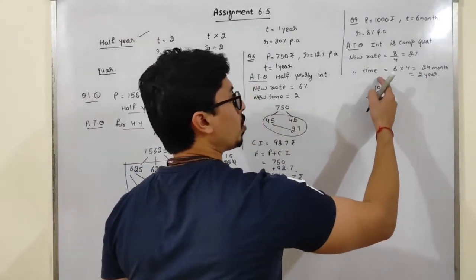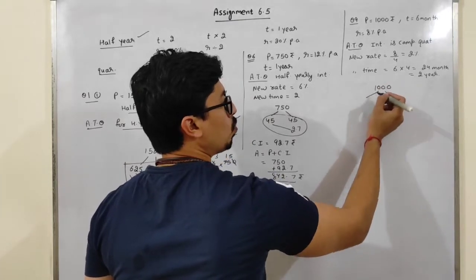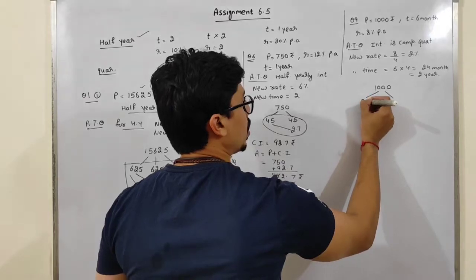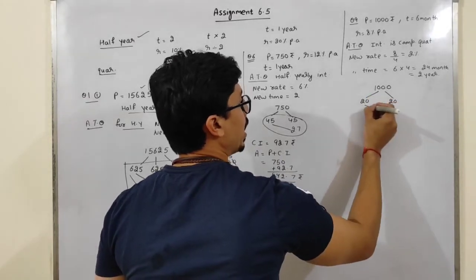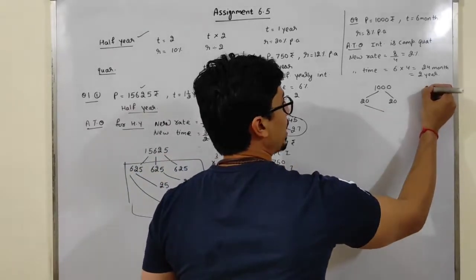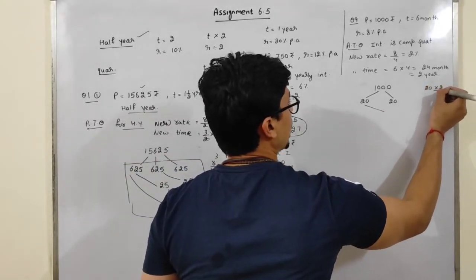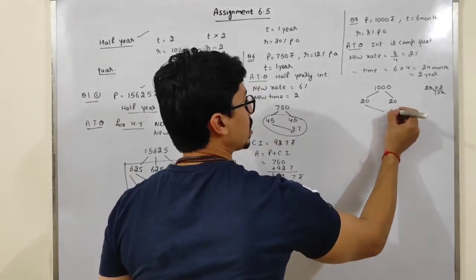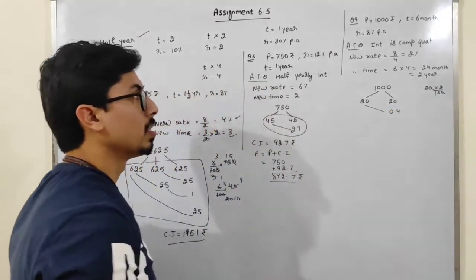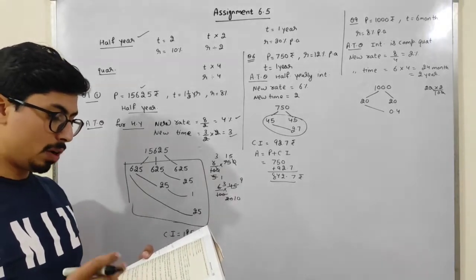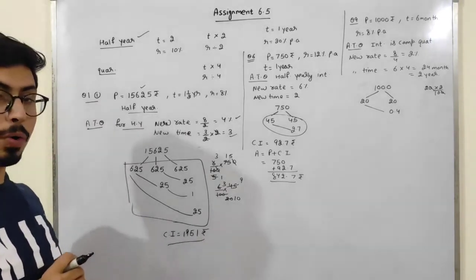So I have to find out 2% of this. It will be 20. 2% again 20. And if I find out 2% of this, see 20 and 2%, it will be 4 by 10, that is 0.4. So what we have to do, students, we have to find out the compound interest.